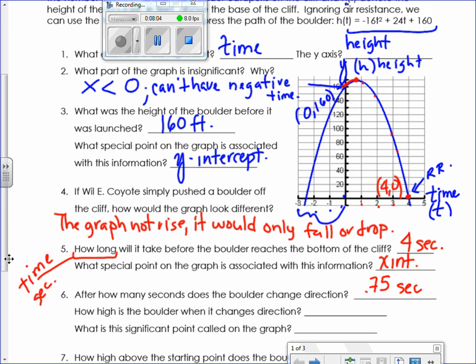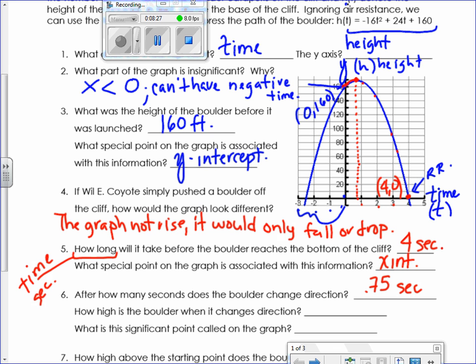The second part of number 6 says, how high is the boulder? Okay, so remember, time is what we measure along x. So let me go back for a second to show you where I got the 0.75. So this is where it turns right here, and then I just drop that down so I hit the x-axis because I like time. And then the next question says, well, how high is the boulder?